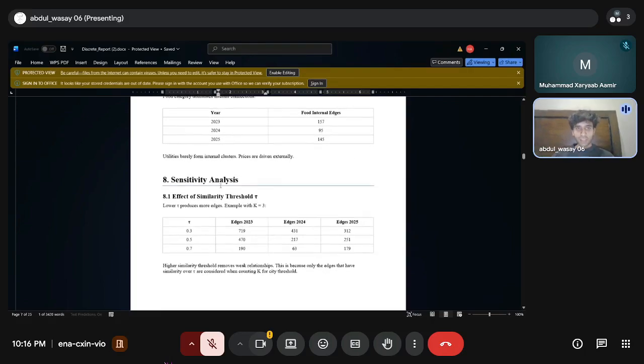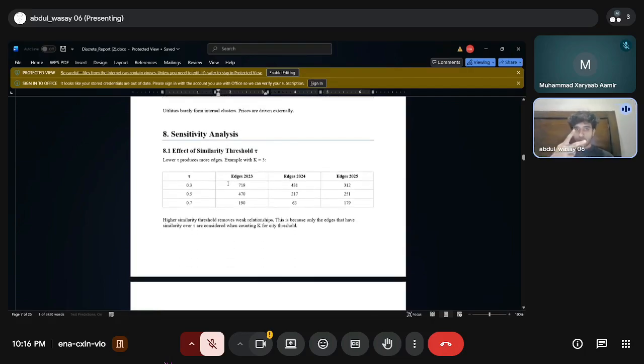Moving on to sensitivity. We took two different types of sensitivity: the threshold and the number of cities. The threshold is a number which tells us that we will only consider an edge when it goes over a certain similarity threshold. We picked three different thresholds, and obviously the higher the threshold, the lower the number of edges that will pass it.